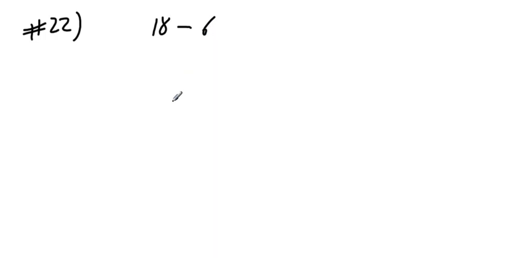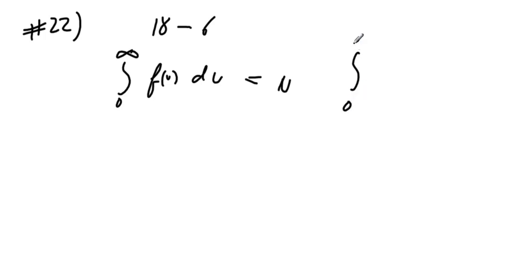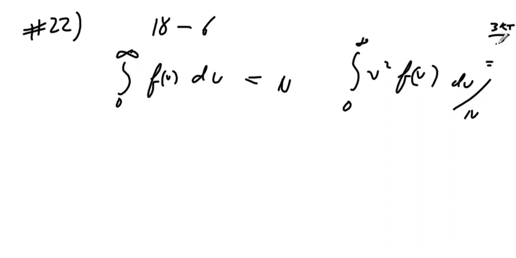For part A, we're going to show that the integral from 0 to infinity of f(v) dv is equal to N. And for part B, we're going to go on and show that the integral from 0 to infinity of v squared f(v) dv over N is equal to 3kT over m. Okay, so that's what we're doing for part A and part B.